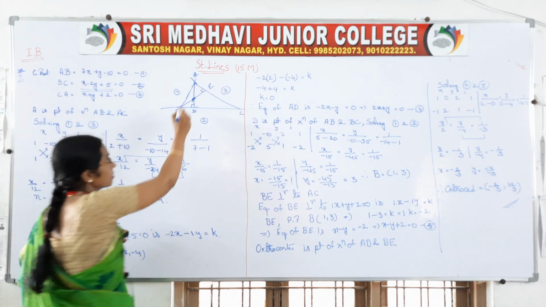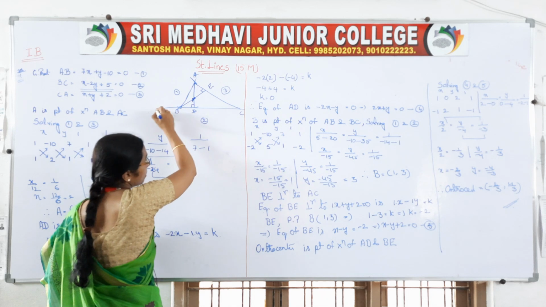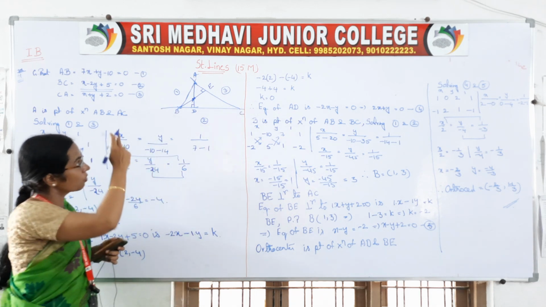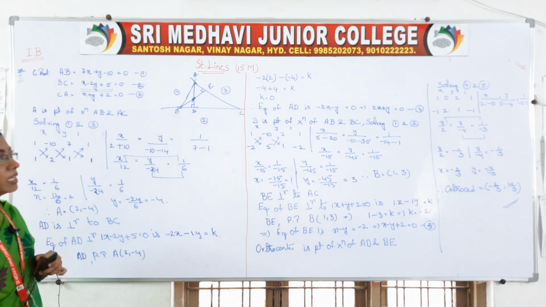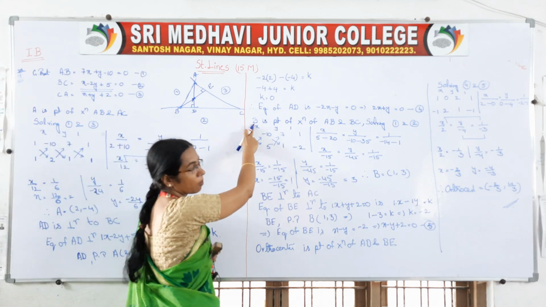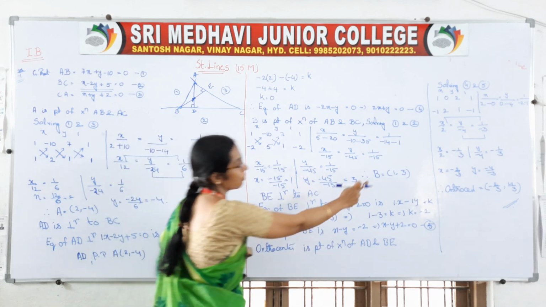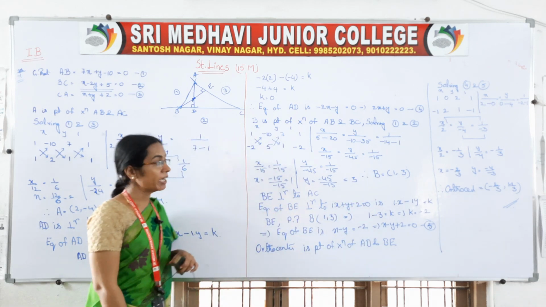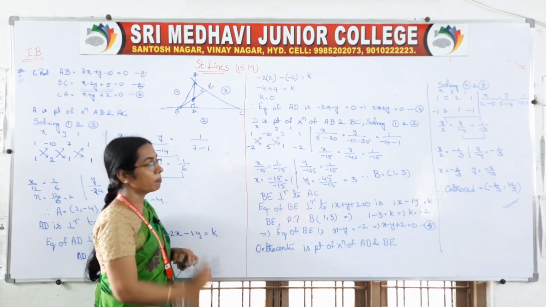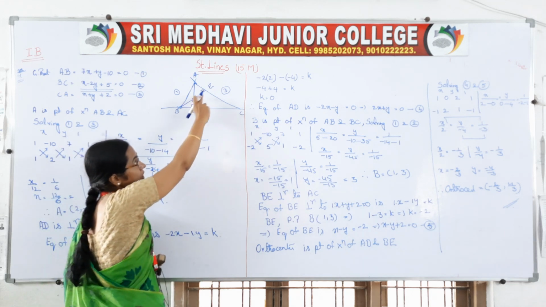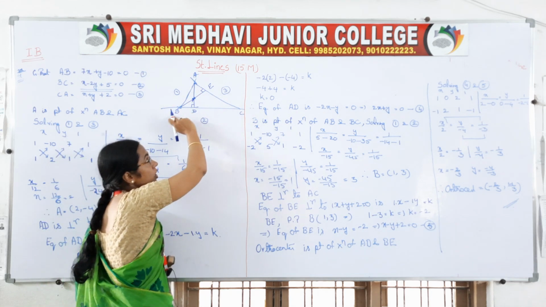Similarly, B is the point of intersection of AB and BC. So you have to solve AB and BC to get your B point. Same cross multiplication method, we got our B point. Once we got B point, we need the equation of altitude BE.